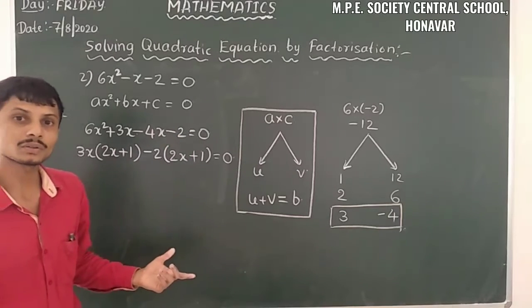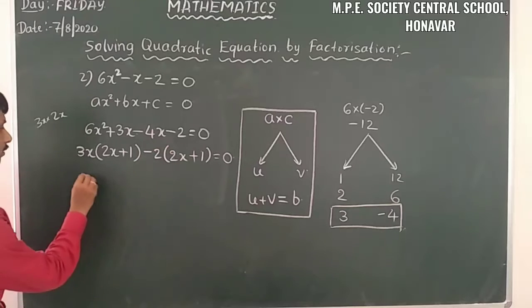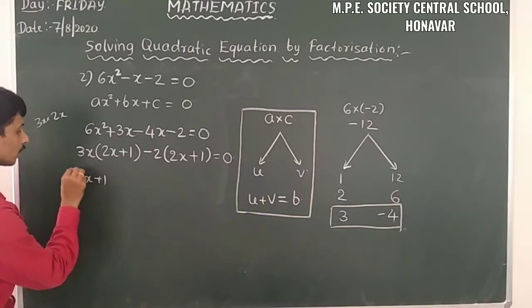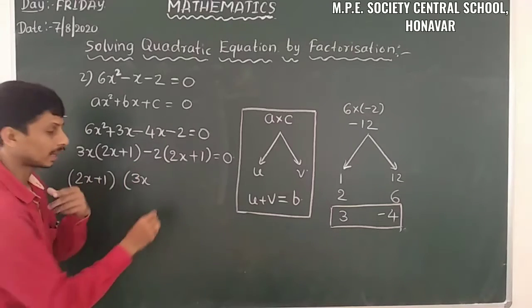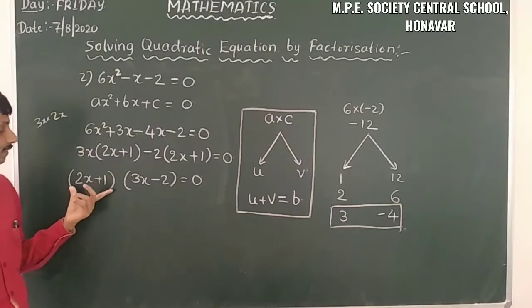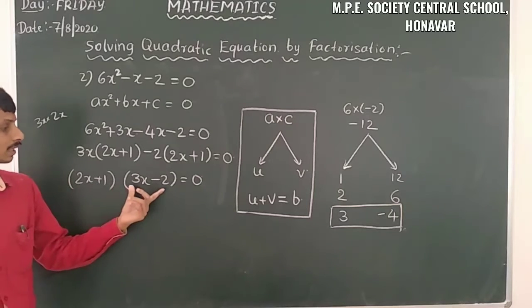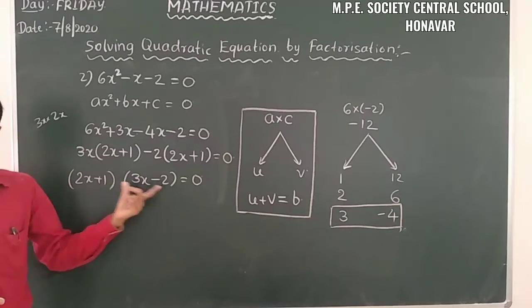After that what do we have to do? We have to take 2x plus 1 common from this equation. That is 2x plus 1, and here 3x remains, and here minus 2 remains, is equal to 0. Just observe here 2x plus 1 into 3x minus 2. The equation splits into two multiplied factors.